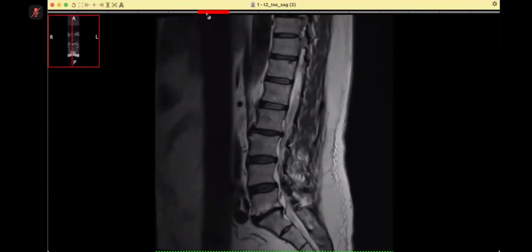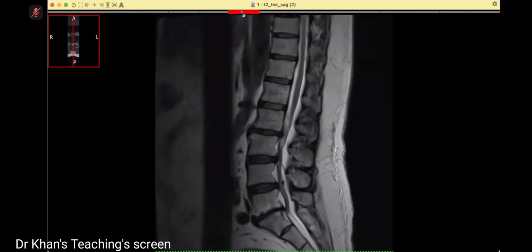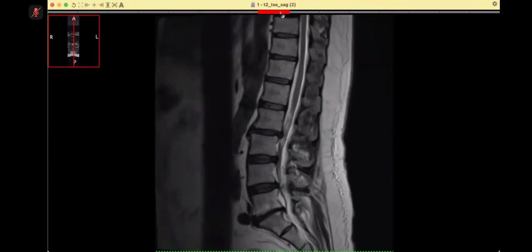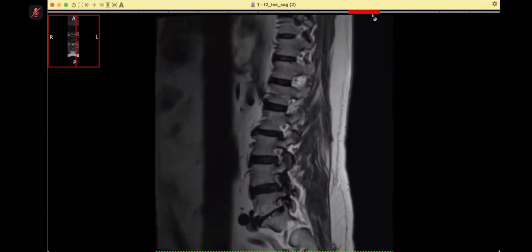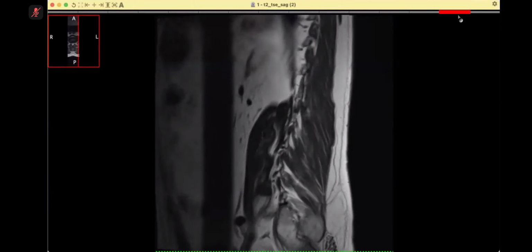I'm scrolling through the images, and I can appreciate that there are abnormal MR signal intensities noted opposite the level of L2, L3, and L4 vertebral bodies, and they are also related to the conus of the spinal cord.